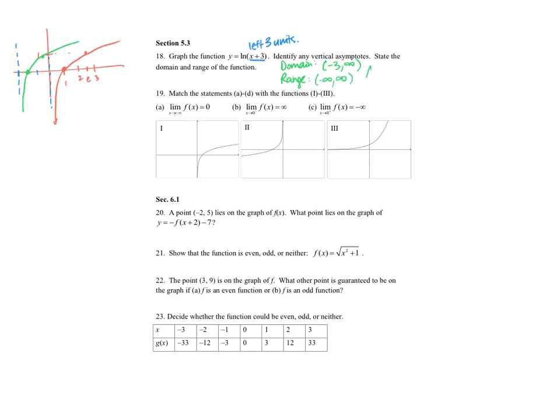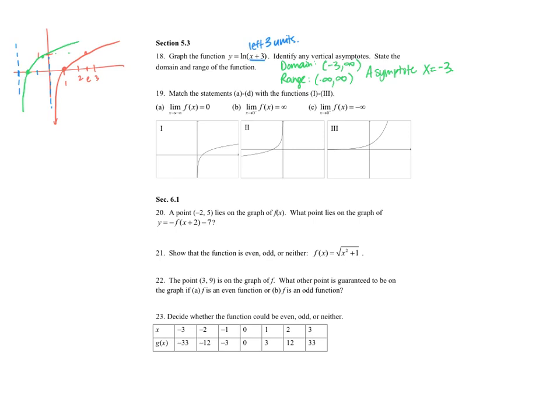And the asymptote happens at x equals -3 now, instead of x equals 0, because I've shifted everything to the left 3 units.